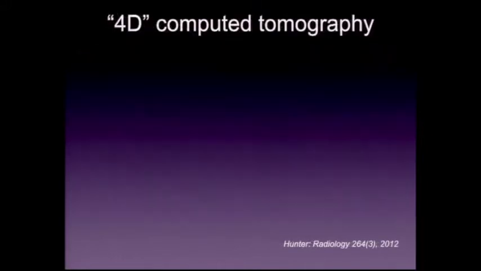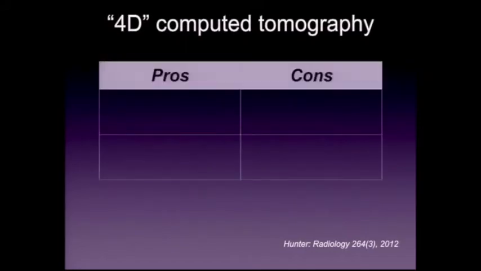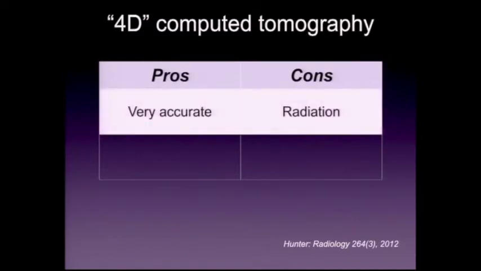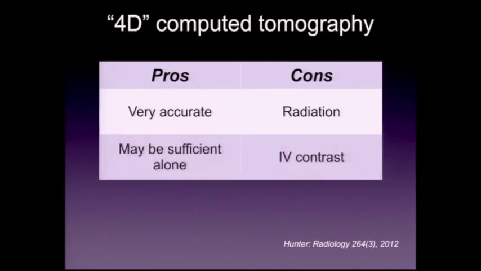So-called 4D computed tomography hasn't really gained as much traction, but it does offer some advantages. It's very accurate, but on the downside, it involves ionizing radiation. It may be sufficient used alone, but it also requires IV contrast. And the next slides are some illustrative cases from the literature.